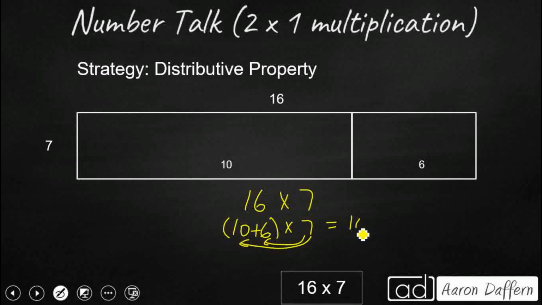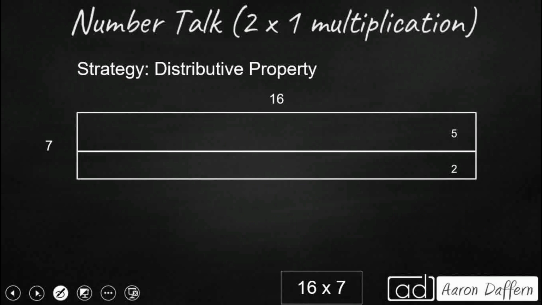So we're going to say 10 times 7, and that's 70. Now I've got this 6, still times that 7, that's 42, and that's going to be 112. Same answer.